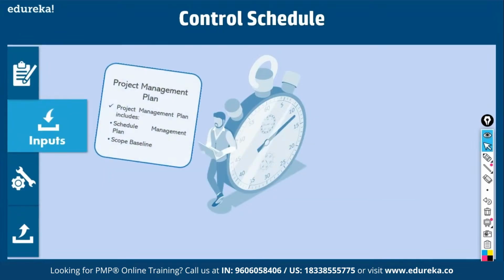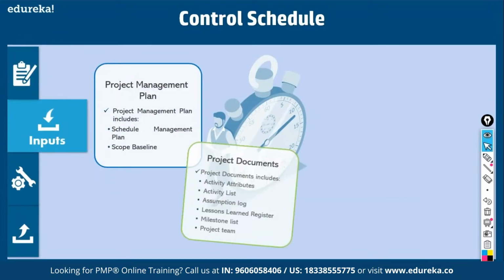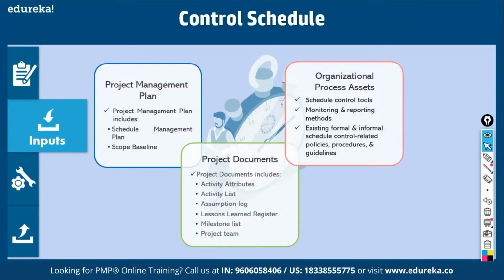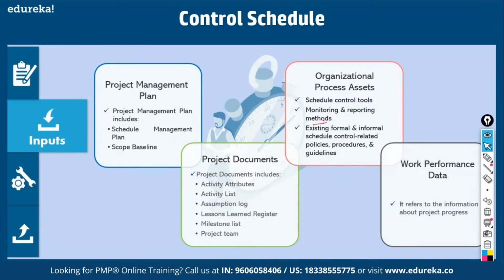Fine. So plan is an input, project documents are inputs, organizational process, any control tools, reporting methods are inputs. Okay, then work performance data, which activity has started, which has not started, which has ended, right?